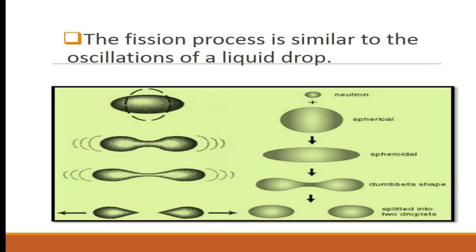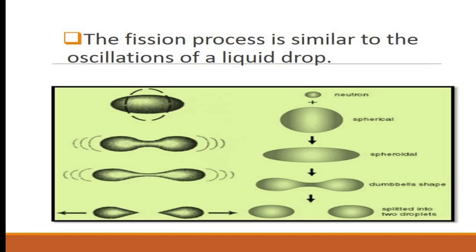This extra energy makes oscillations inside the nucleus like that of a liquid drop. So the spherical nucleus will transform into a spheroidal nucleus. Then the nucleus again gets split into two by attaining a dumbbell shape, and after that it gets split into two.